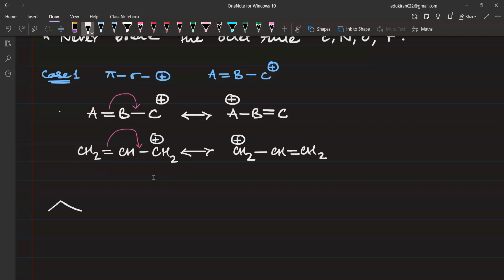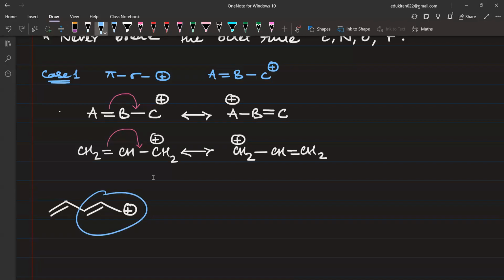Okay, pay attention. That was the easiest case, right? See here, don't write anything, please see. Now, as you can see, we have the pi sigma positive charge condition here, right?